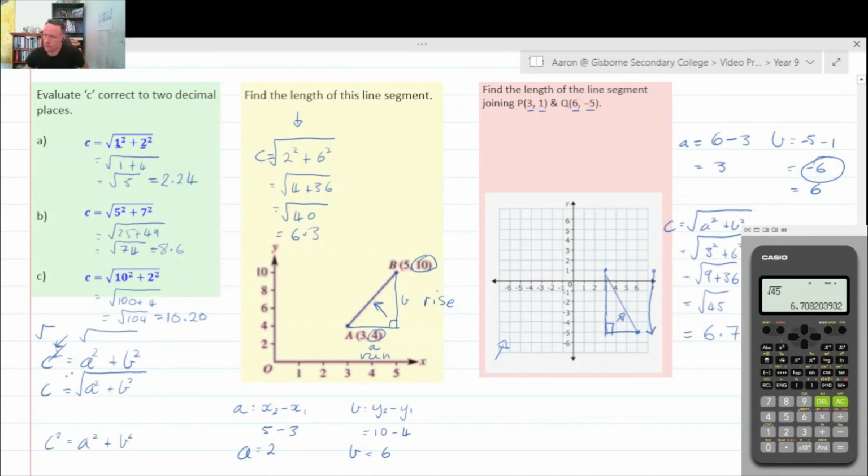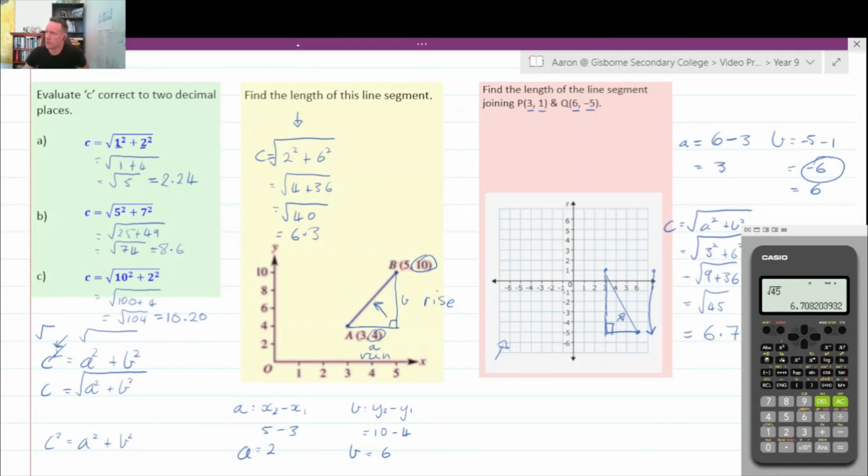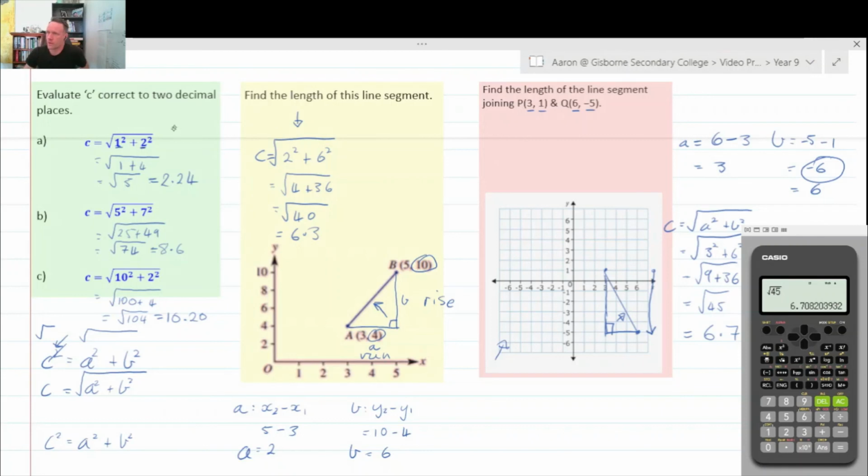This one already has C as the subject, so it's an easy one to use. That means you just have to find A, find B, plug it into a calculator, or do a little bit of working out yourself, and you can find the answer straight away.